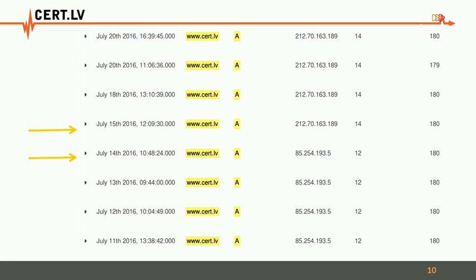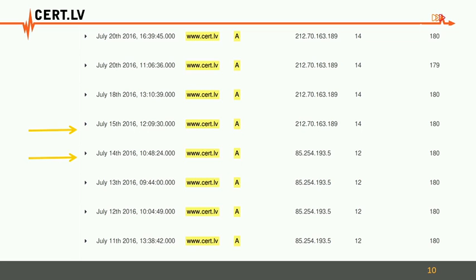I'm bringing up this example also because we have seen a lot of cases where people are migrating to DDoS protection solutions. They change their DNS during this migration. So basically, it's like a CDN solution such as Cloudflare, if you're familiar with that.